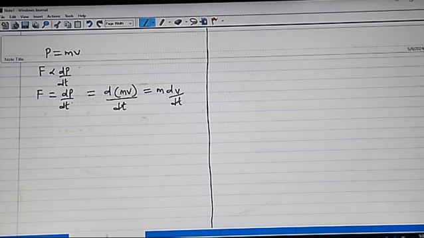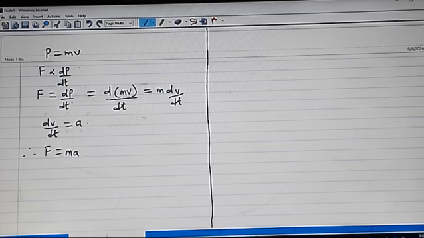So the rate at which the velocity changes is equal to acceleration. Therefore, force is equal to mass times acceleration. So this is how this equation is obtained from Newton's second law of motion.